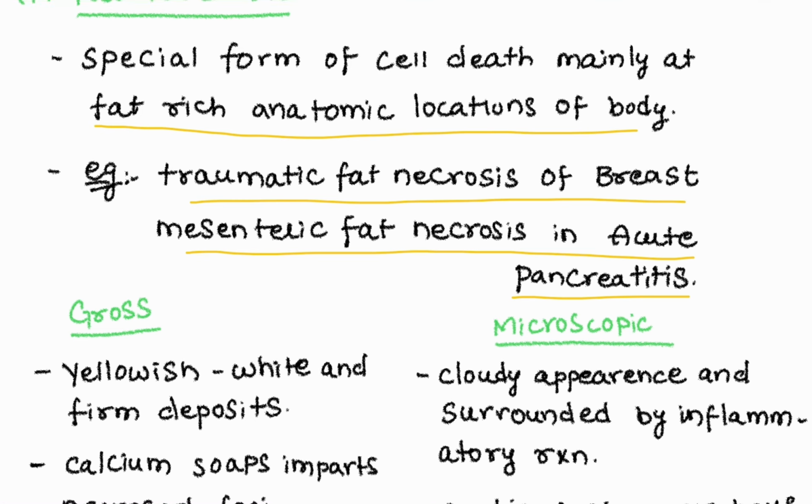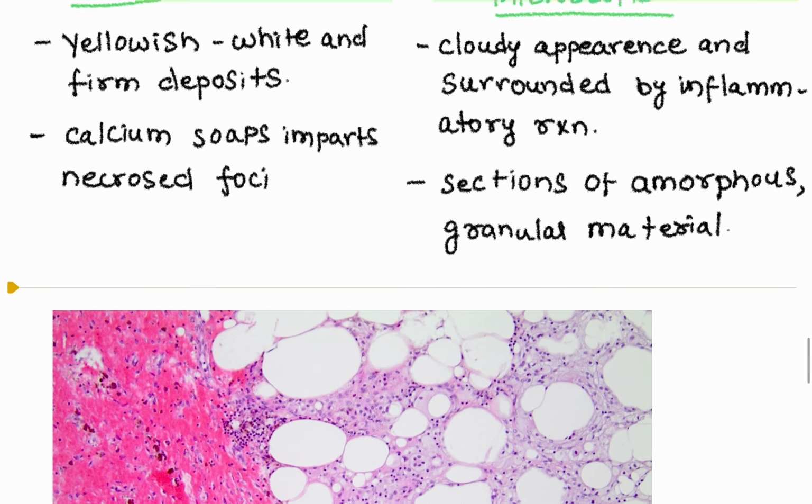Surrounding the pancreatic tissue, what will be there? The abdominal fat. That visceral and abdominal fat will get necrotized by the enzymes released by the pancreas. The pancreas releases pancreatic lipases, which cause necrosis to the surrounding fat. This is mesenteric fat necrosis in acute pancreatitis.